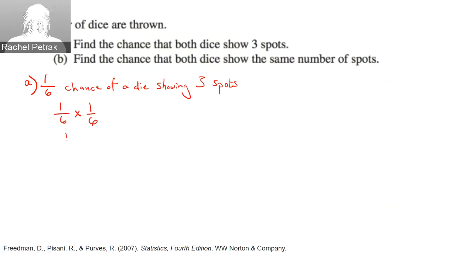To think of it in our other notation, it'd be 1 out of 6 to the power of 2, because there's 2 trials. It doesn't matter that the 2 dice are thrown at the same time. Remember, dice are completely independent. And the chance would be 1 out of 36.